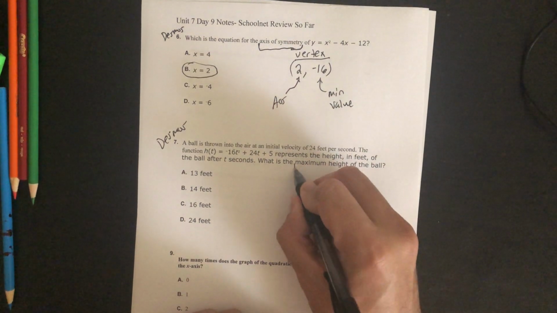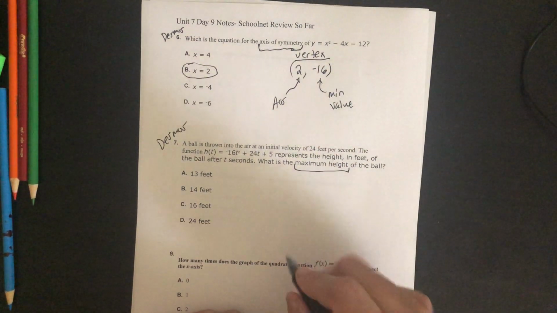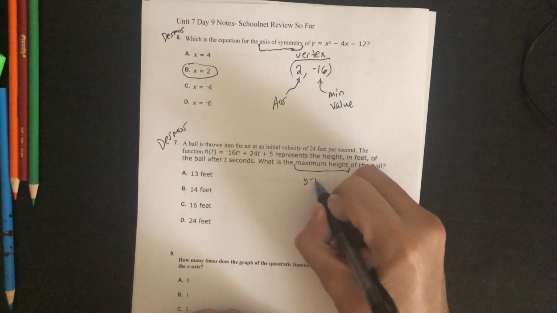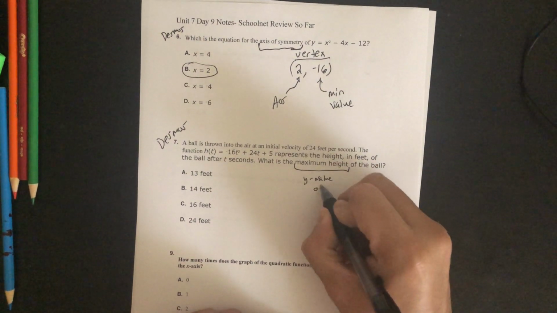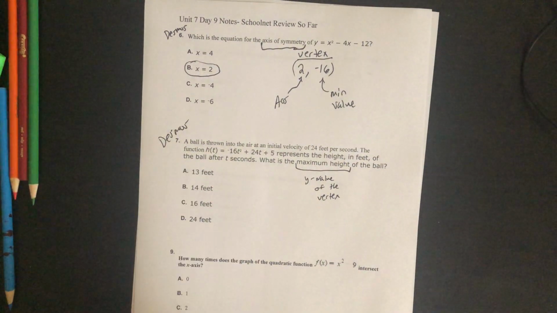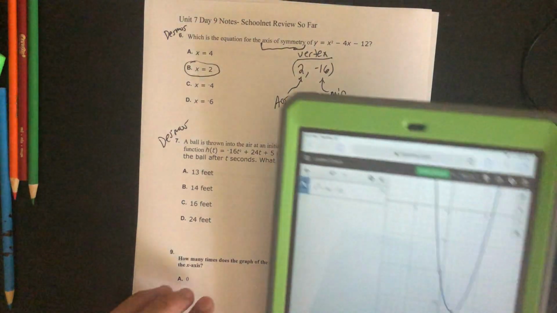So we know that when we're looking for the height, we want to know how high the ball went. So we're looking for the y value of the vertex. I'm going to go to Desmos, type in the equation.